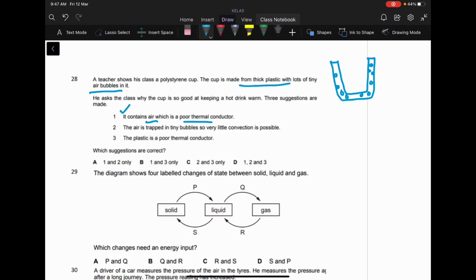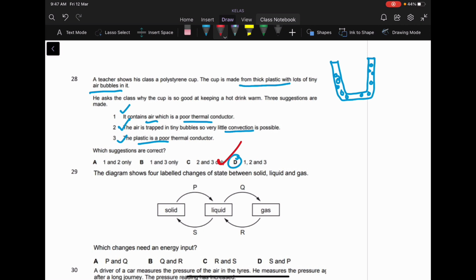Number 2, the air is trapped in tiny bubbles, so very little convection is possible. Little convection happens because it's a fluid, it's air, but little convection is possible because the bubbles are tiny. So that's true. The plastic is a poor thermal conductor, of course, that's true. So the answer is 1, 2, 3. D is the answer.